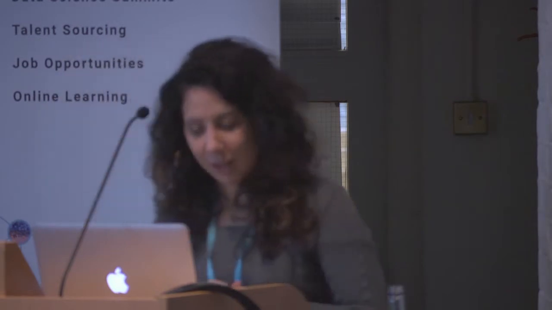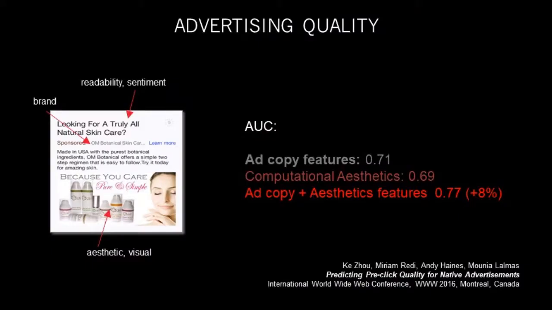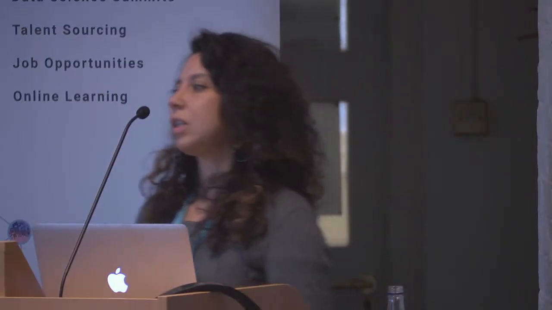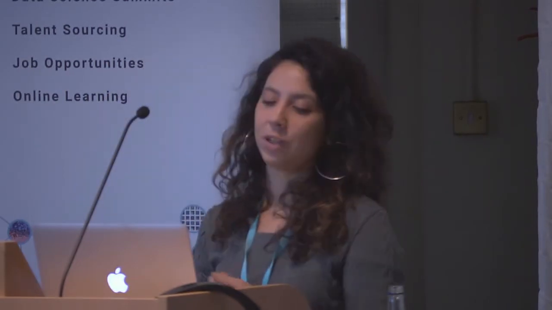I've been working some years in computational advertising, yes. And so, as you can imagine, ads are multimodal items in nature. So ads get clicked not only because of the text, but also because of the attractiveness or the pleasantness of the image.